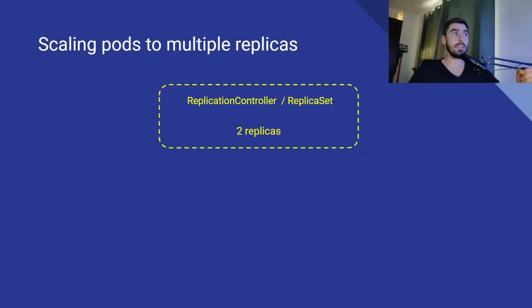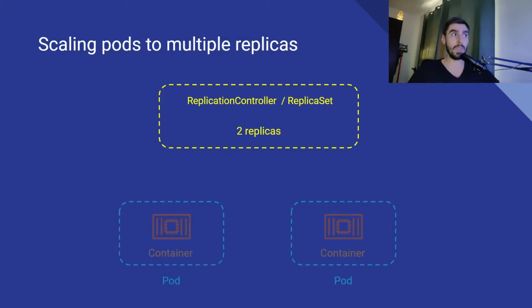But basically the problem that these resources solve is that they ensure a certain number of replicas, and by replicas I mean instances of the same pod. As you can see here, you have two replicas. So the replication controller or the replica set object asked the Kubernetes API to create two pods for you, two instances.